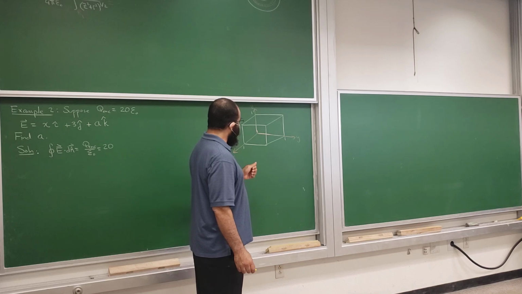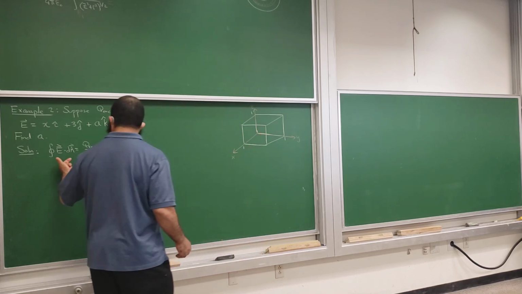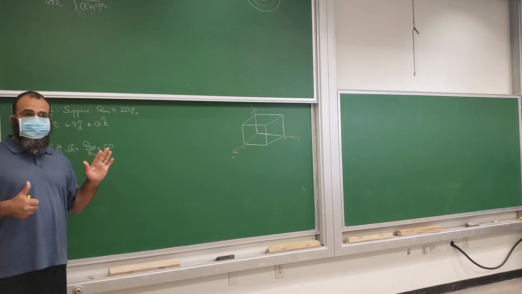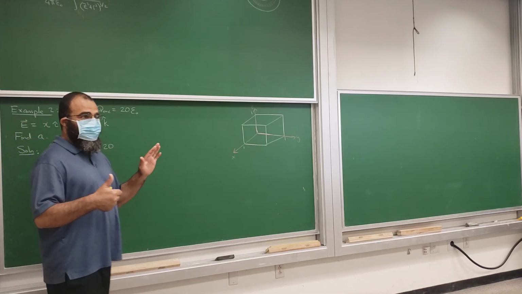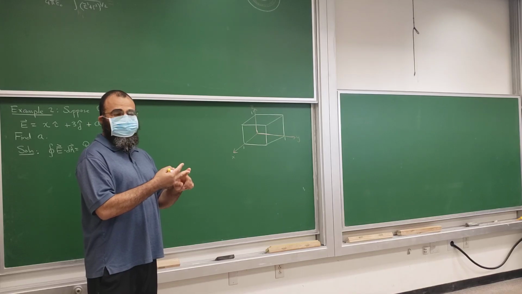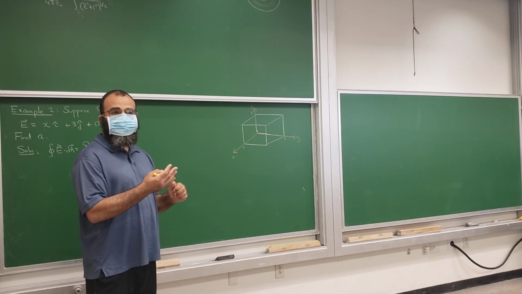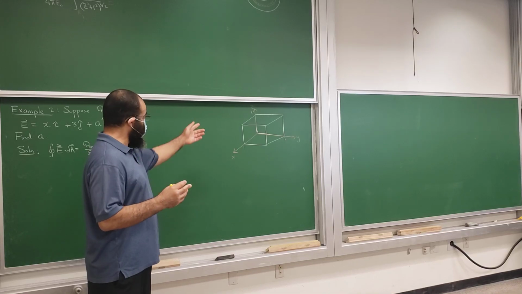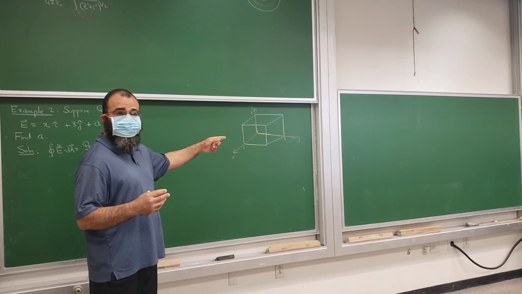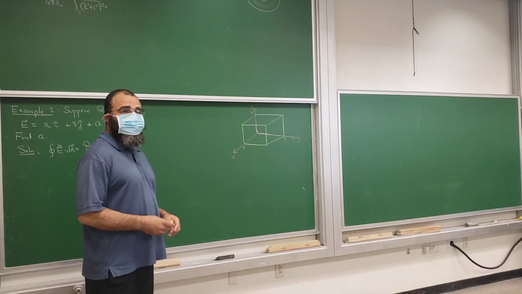So this closed surface integral will involve 6 integrals: E dot dA at the top, bottom, front, back, left and right. This closed box consists of 6 faces, so we need to do E dot dA for each.